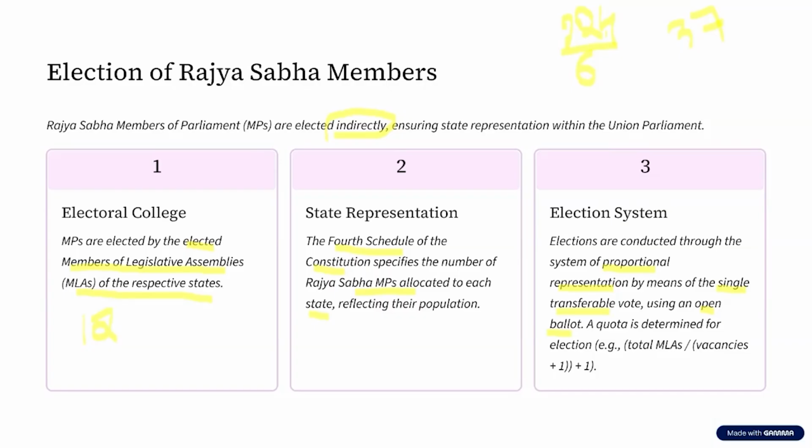Now, Congress was sure that both of its candidates would win. But surprisingly, one of the Congress candidates lost. Why? Because some of the Congress MLAs themselves did not vote for a Congress candidate. Rather, they voted for an independent candidate.